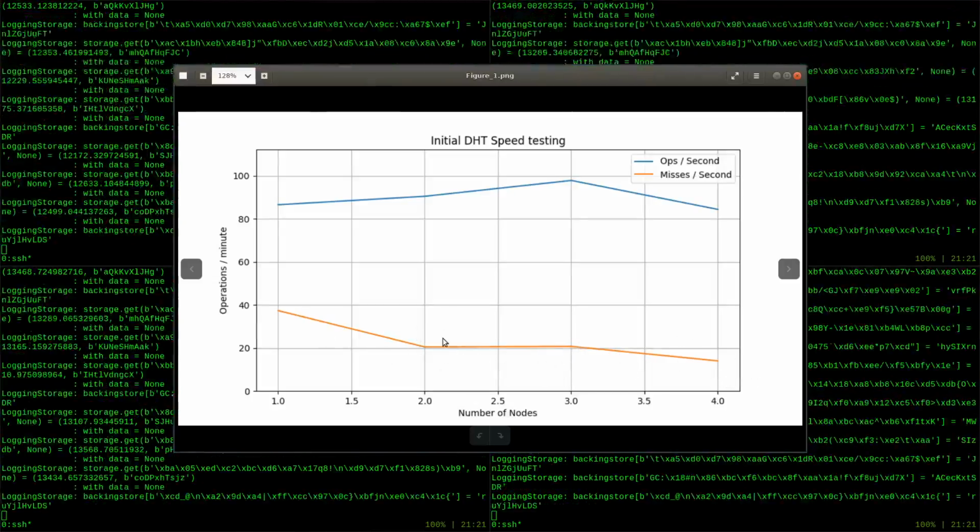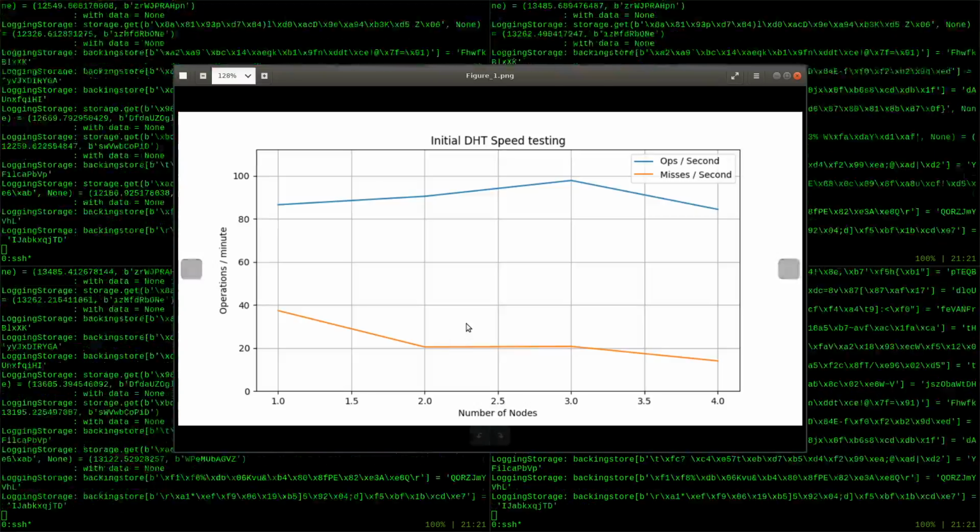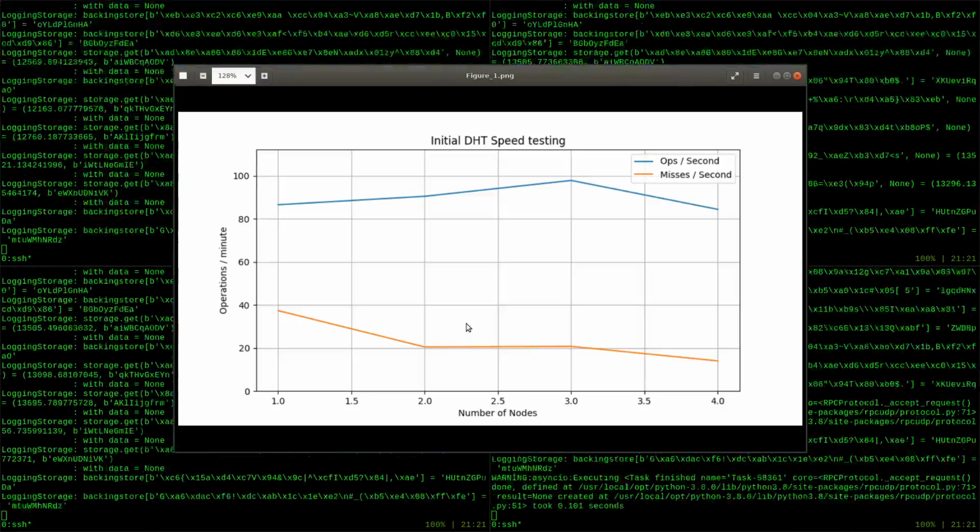I'm not 100% sure if this is values not getting to the database before they're being looked up again.